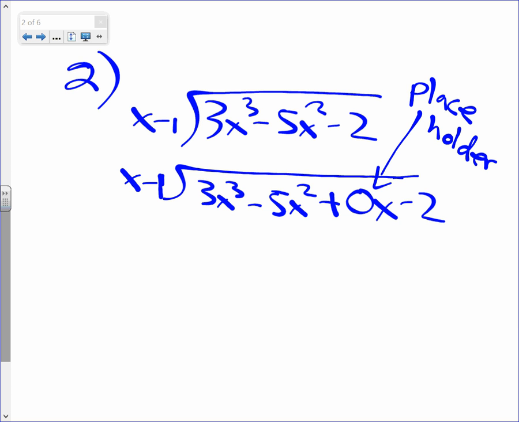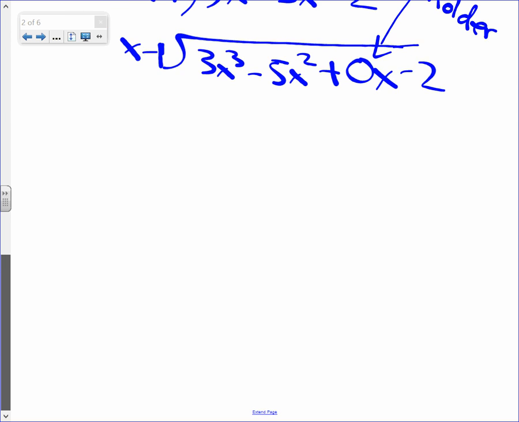Here's our divisor, x minus 1. Questions so far? Here we go.